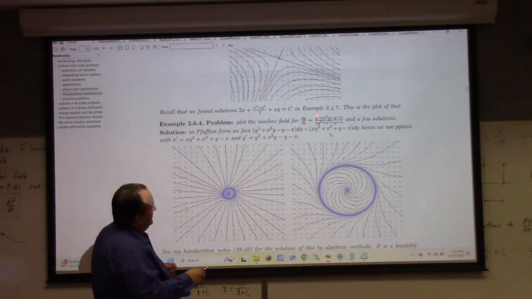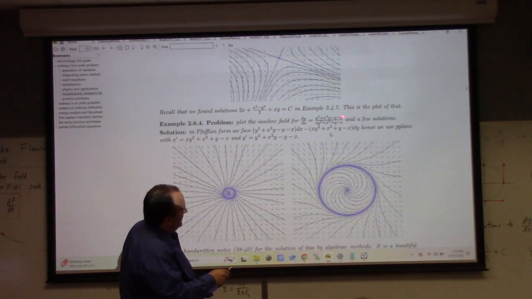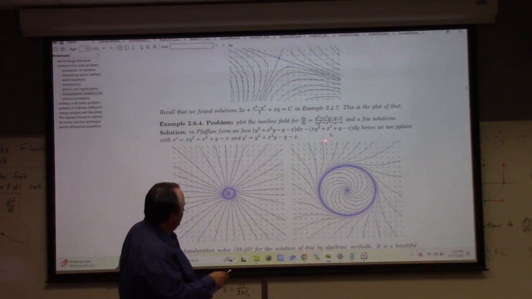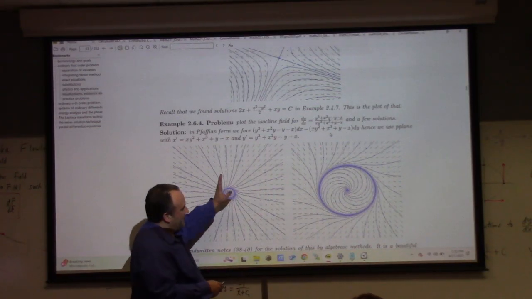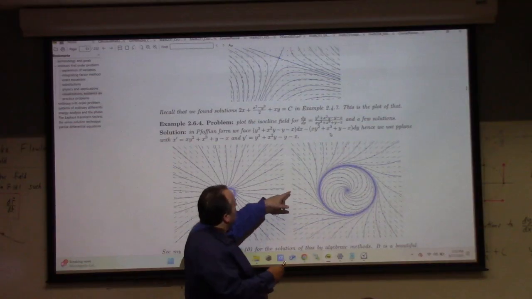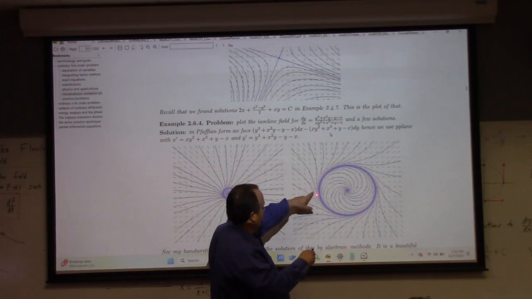So here, this differential equation, dy dx equals y cubed plus x squared y minus x over xy squared plus x cubed plus y minus x, has the isocline plot like this. And you see what's happening is, if you rewrite it the right way, there's an x squared plus y squared in here, and something exceptional happens on the unit circle.